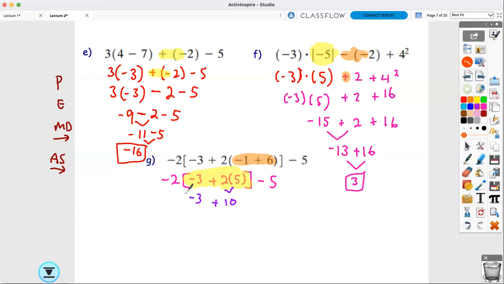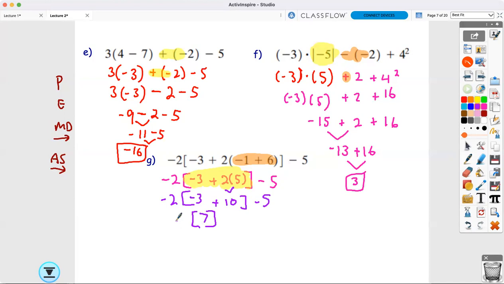Bring down everything else. -3 plus 10. I believe that is, we owe the bank 3, 7, right? +7. Sorry, I had a mental slip.